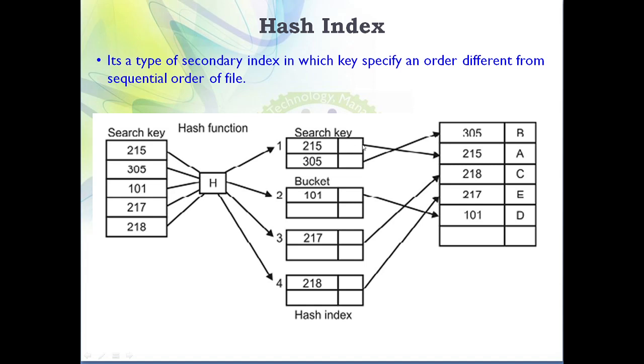A pointer is nothing but the address where your actual record resides. For example, 215 is a search key which is mapped to bucket number 1 by using the hash function. Then the pointer points to the actual location where search key 215 is present. So hash index is a fusion of indexing and hashing; it makes use of the hash index to map the search key to a record.